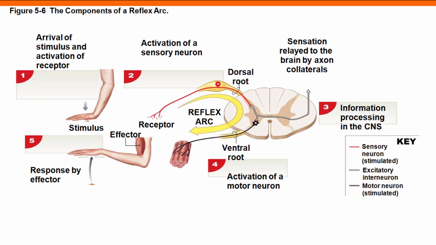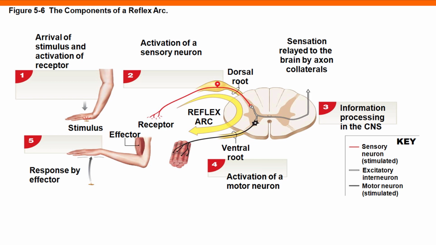It's a simple reflex. In a reflex arc, a stimulus activates a sensory receptor. The sensory receptor is the first part of the reflex arc. An action potential travels down an afferent sensory neuron and brings information to the central nervous system.